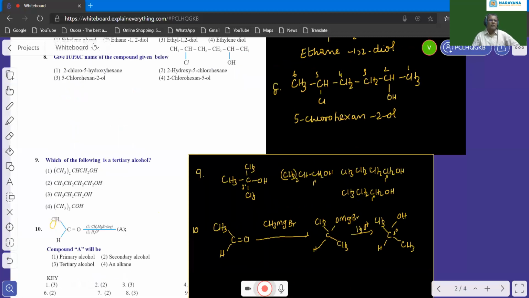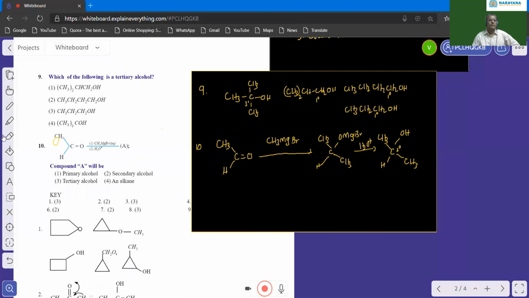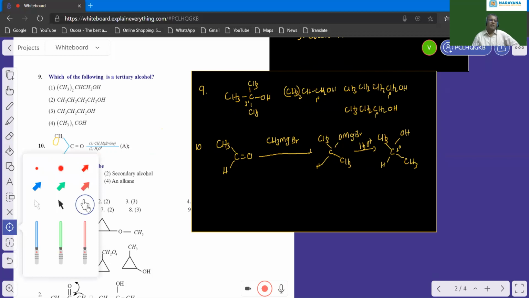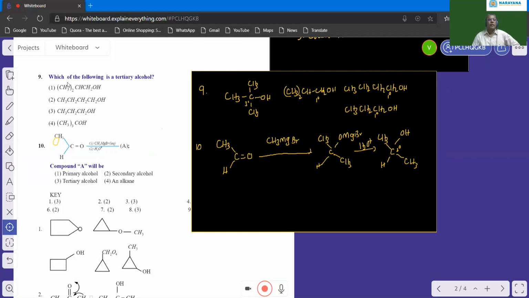Next. Ninth question. Which of the following is a tertiary alcohol? See, once again, if you draw the structures for each. The first one, CH3 CH2OH.